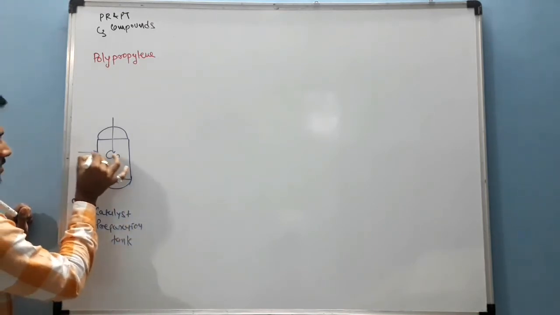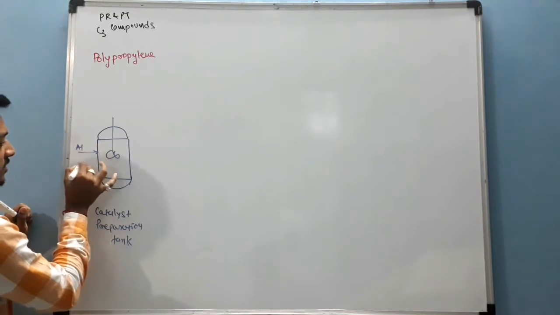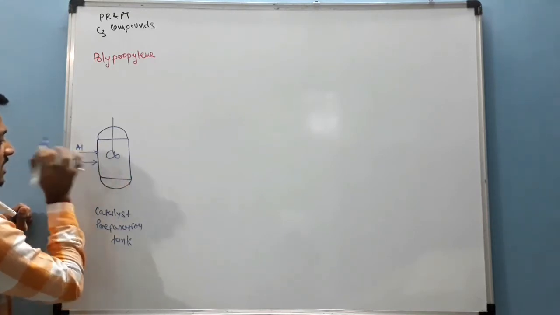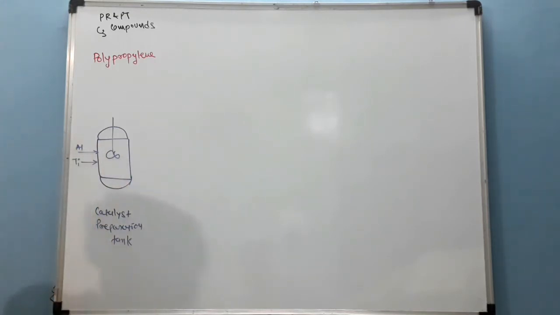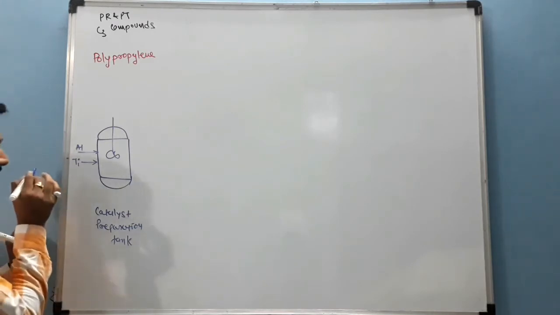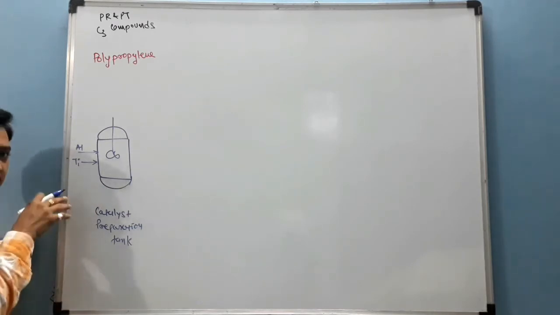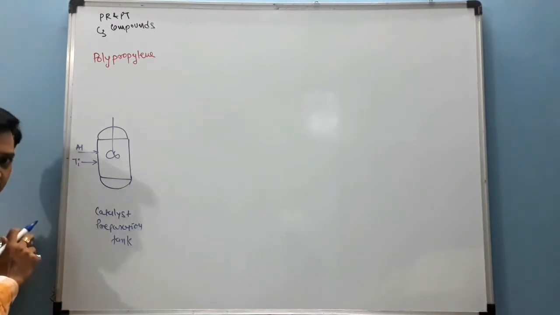Okay, triethyl aluminum and titanium dichloride are mixed. A 10% solution is made in a solvent, heptane.